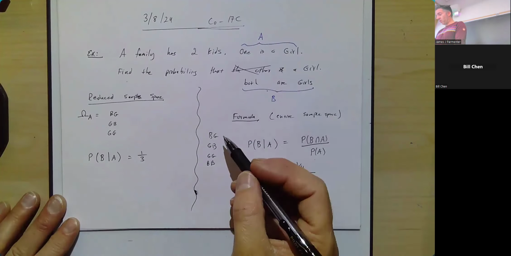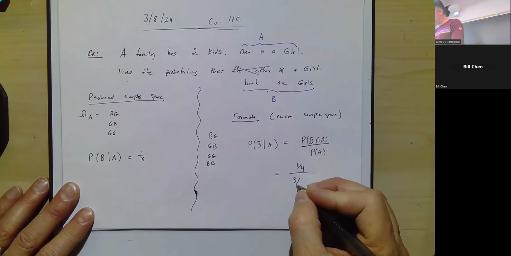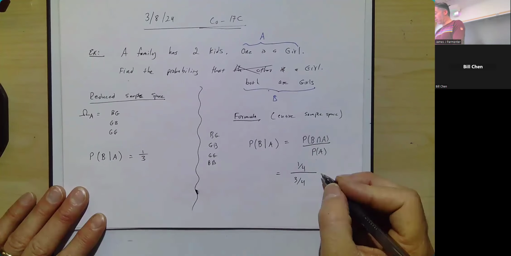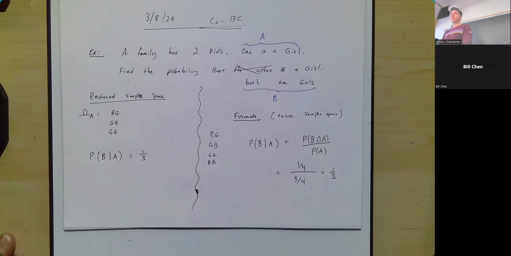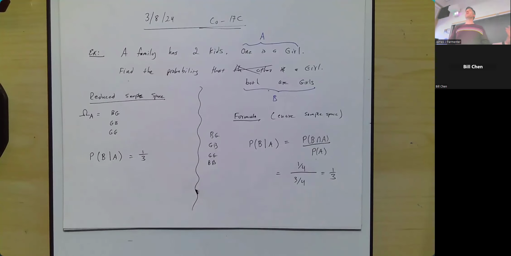So there's 1, 2, 3 out of 4 ways that can happen, which is going to be the same, 1/3. So either way you want to view it, it's fine. I generally prefer to think of it this way because it just feels easier. But you should do whatever feels easier for you.